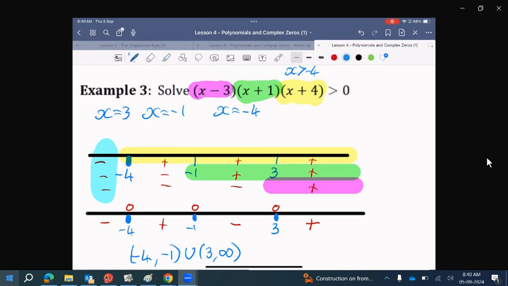So this is going to be negative, this is going to be negative, and this is going to be negative. And then you multiply those three negative numbers together, you will get a negative result. We follow? Okay. Have a go at the next one for yourself.